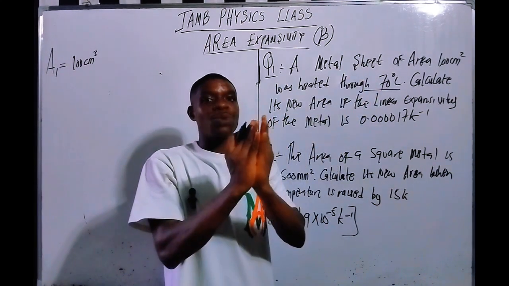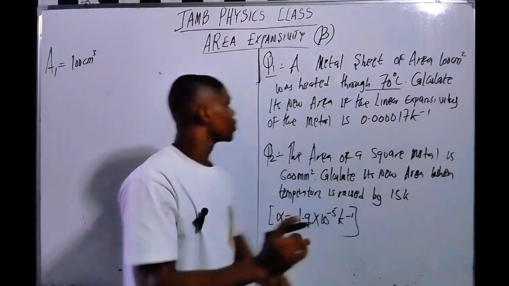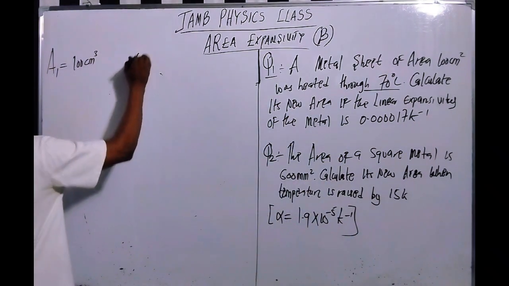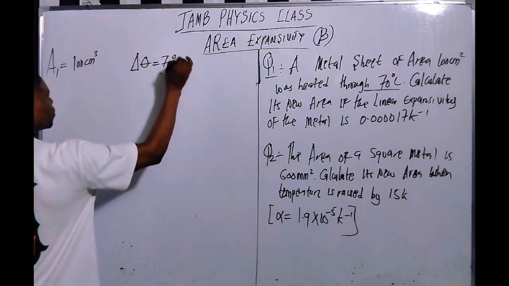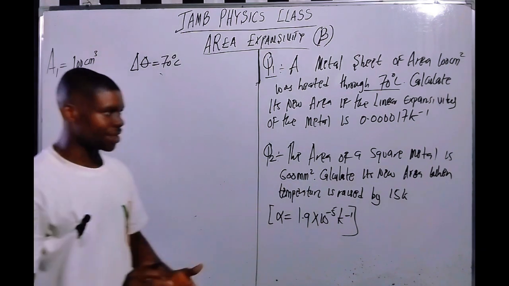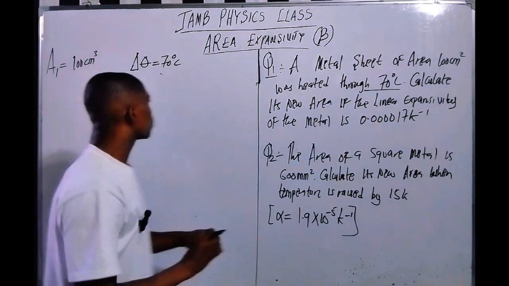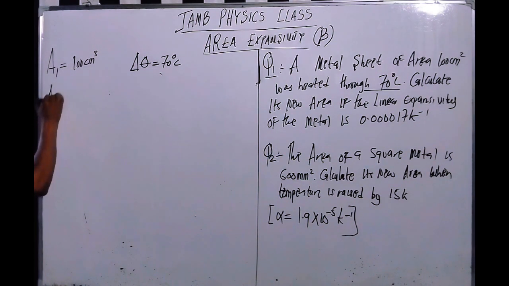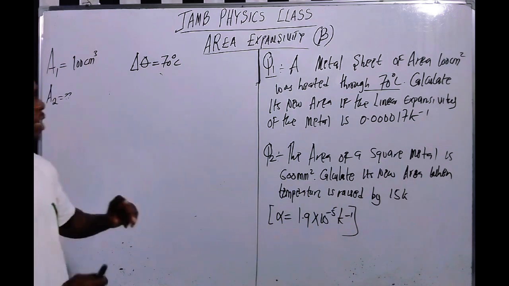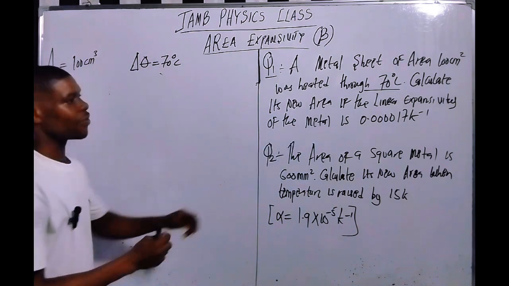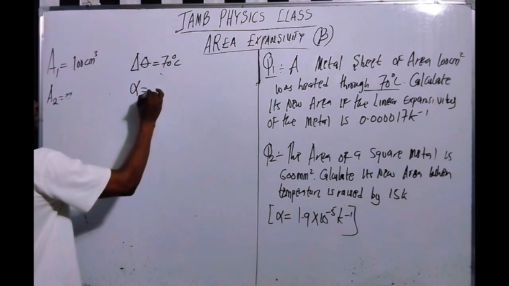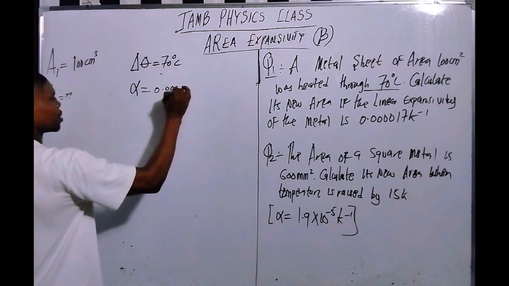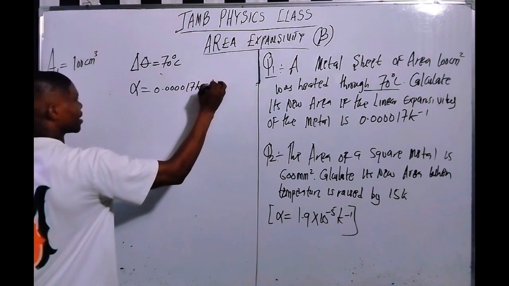It is the change in temperature, which is equal to 70 degrees centigrade. As easy as that. We should calculate the new area when they give us the linear expansivity, which is 0.00017 per Kelvin.